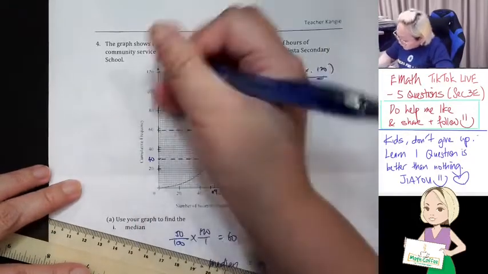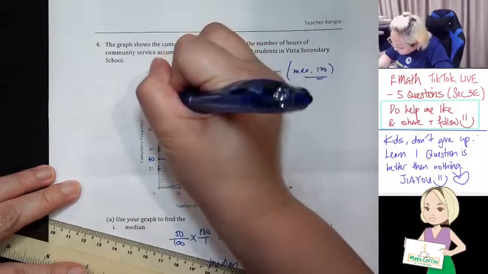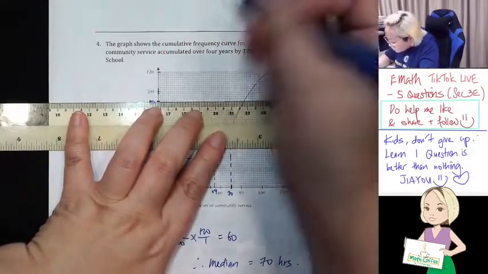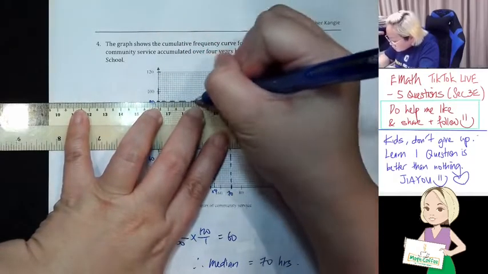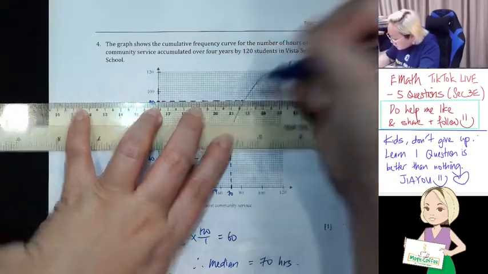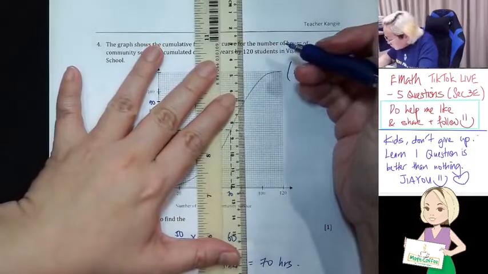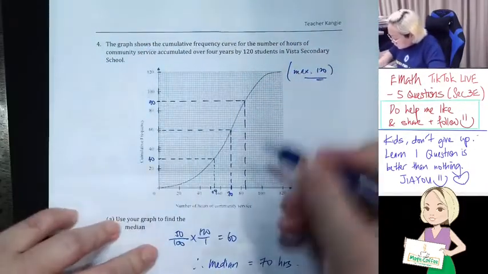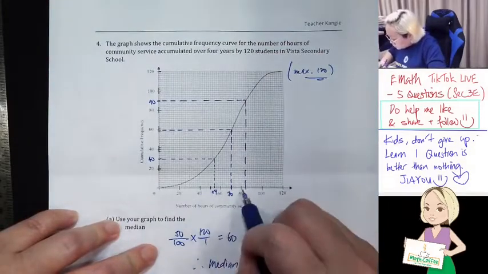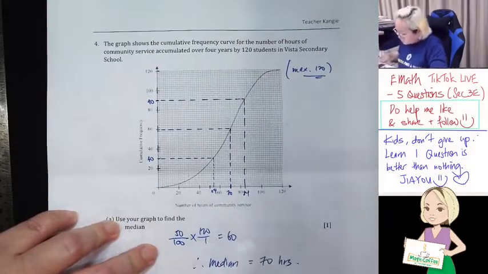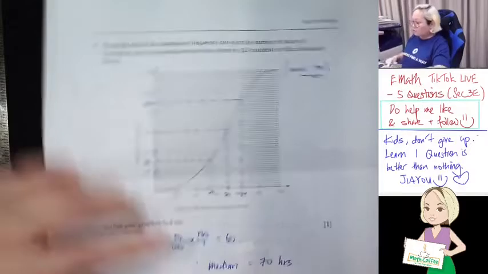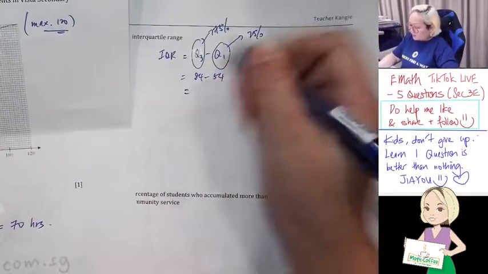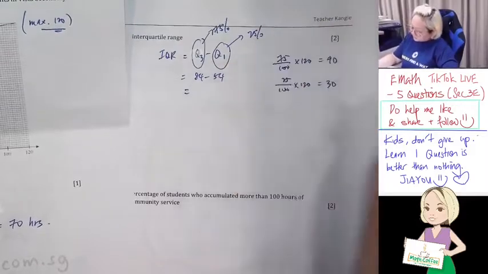So now let's go to the 90 and draw it down here. We know that each is 2, so this is 84. So it's 84 and 54. So I will take 84 minus 54, and that will give us 30.